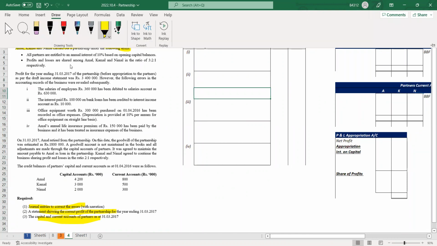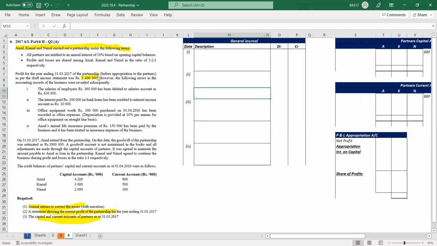Now, before the correction of errors, the profit was 3.4 million. According to the draft income statement, the profit was 3.4 million. After the corrections, we need to find out the profit.